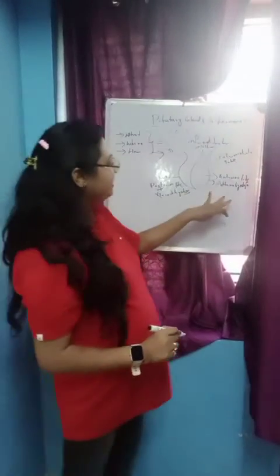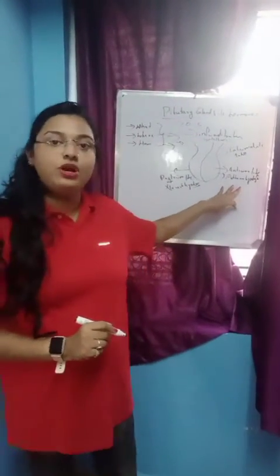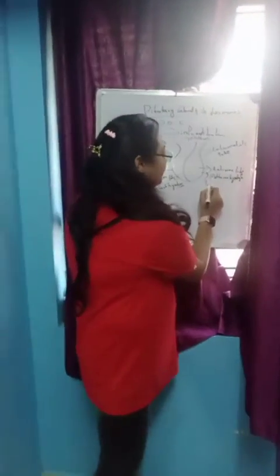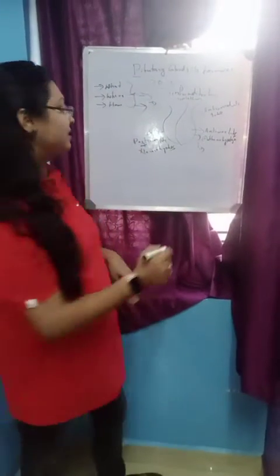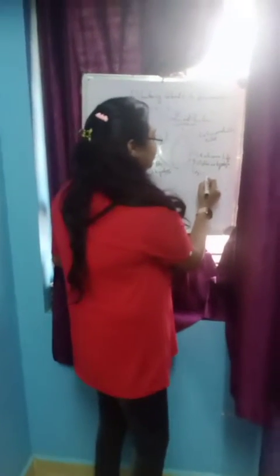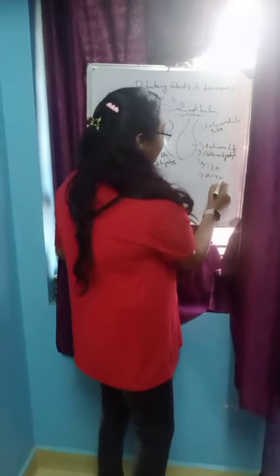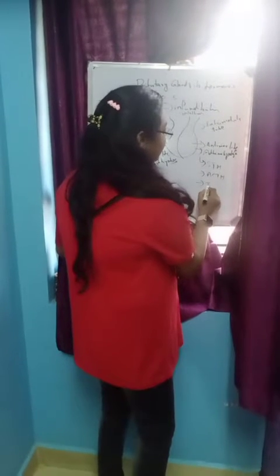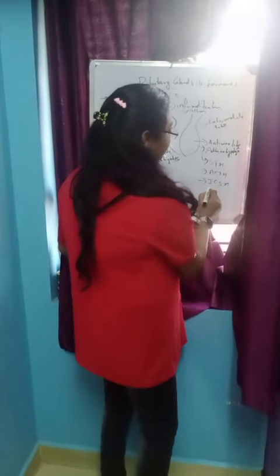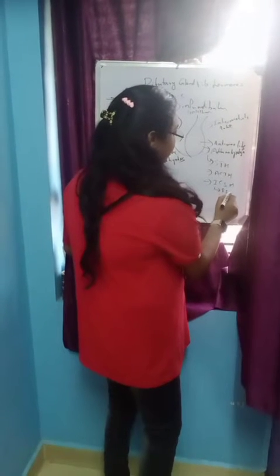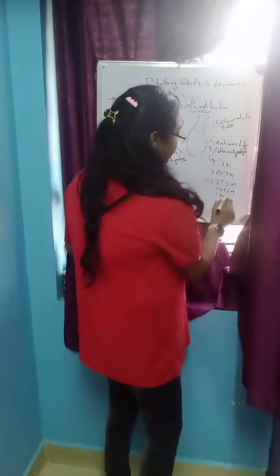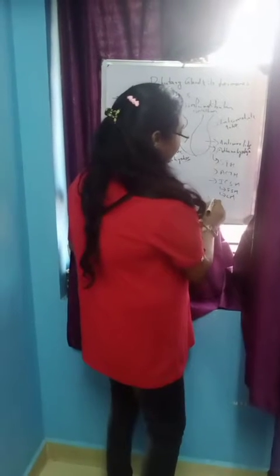Fine. This anterior lobe, or the adenohypophysis, secretes certain hormones: STH, ACTH, ICSH, which comes as FSH and LH, and TSH.